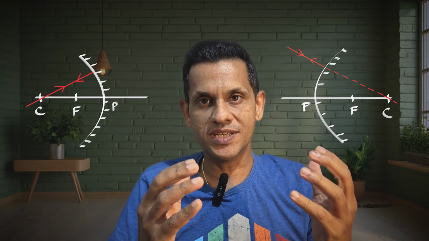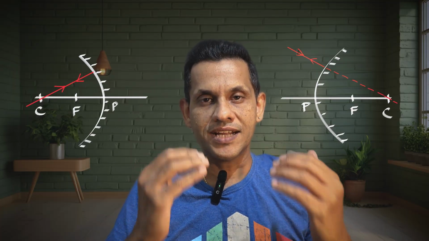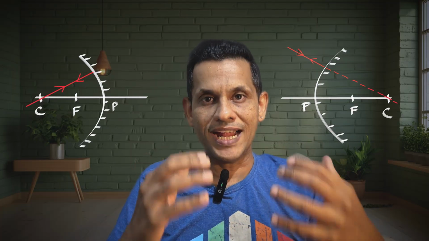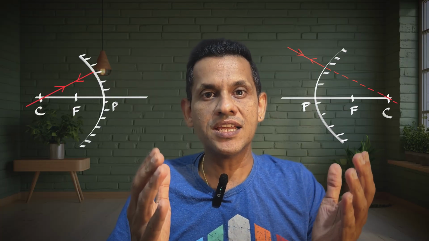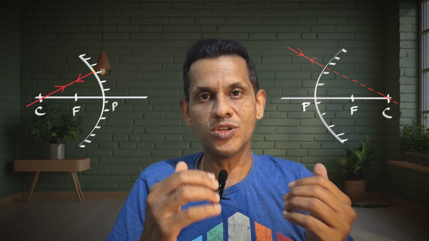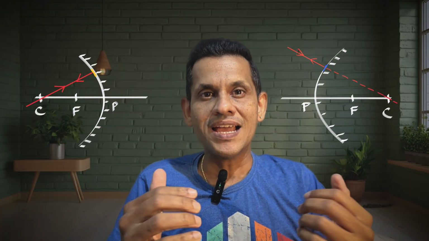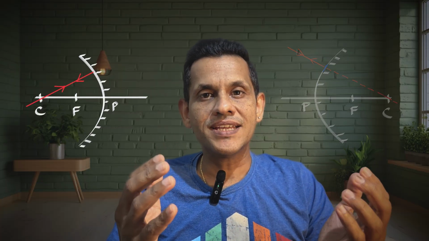The simple reason for this is the light ray is hitting perpendicular to that particular point on the mirror, or you can say the light ray is hitting along the normal to the point on that mirror. So remember that whenever a light ray hits perpendicular to any point of the mirror, irrespective of the shape of the mirror, the light ray will reflect back in the same direction.